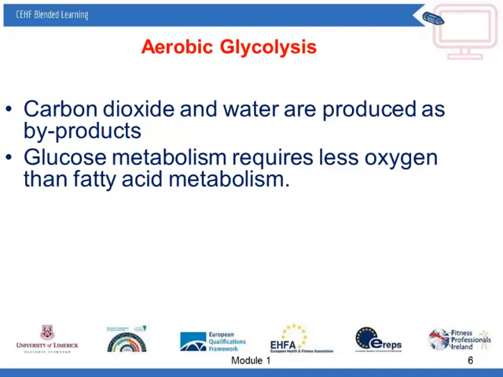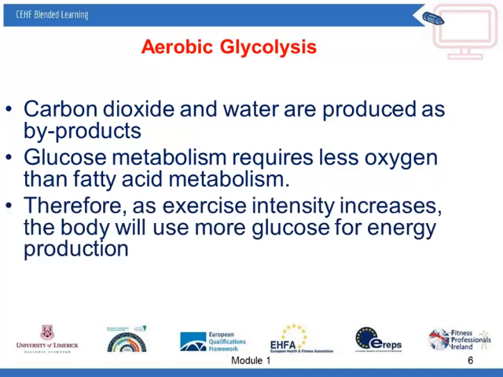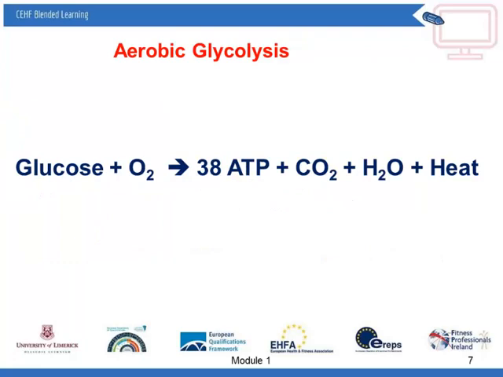Because glucose metabolism requires less oxygen than fatty acid metabolism, the body will use more glucose for energy production as exercise intensity increases. So to summarize, glucose plus oxygen will give us 38 ATP, and carbon dioxide, water and heat are produced as byproducts.